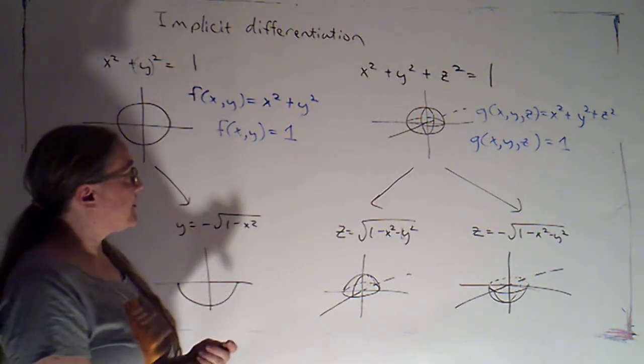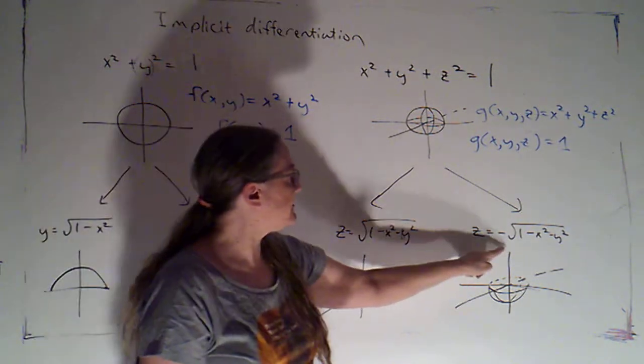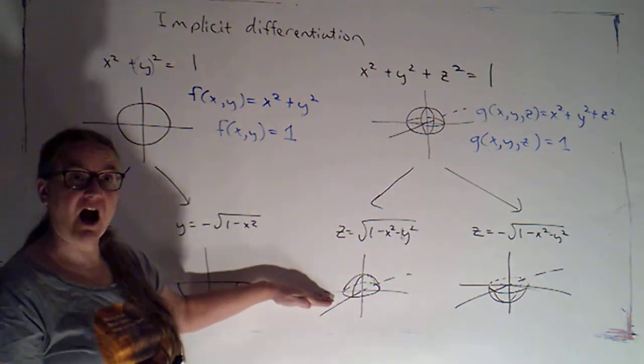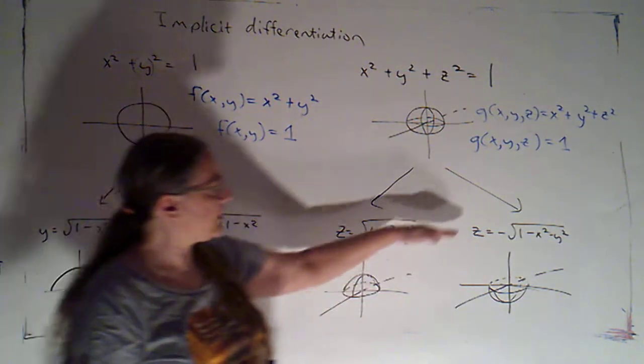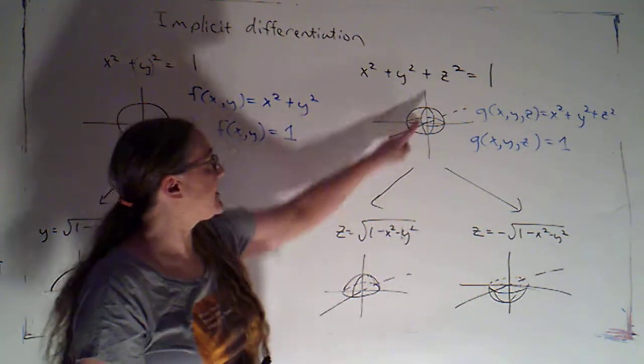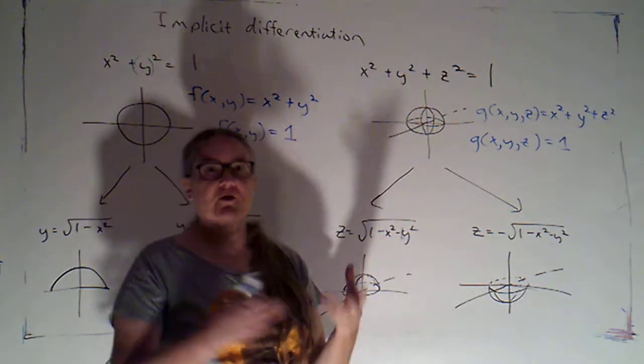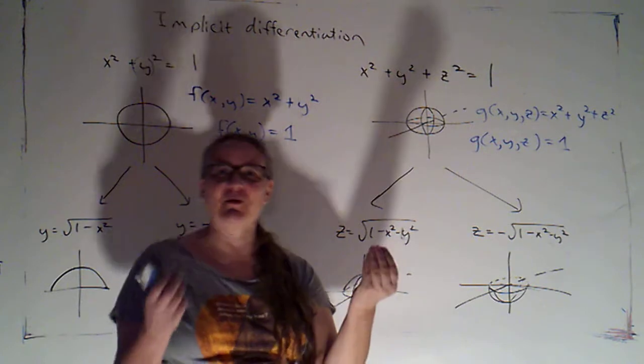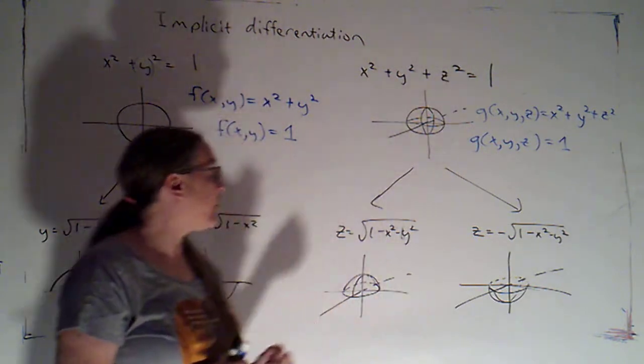But just like with the circle, there are two functions, one function that would give me the top half of the sphere, and one function that would give me the bottom half of the sphere. And I can find those just by solving for z. Of course, when I solve for z, I have to take plus or minus the square root of what I get.